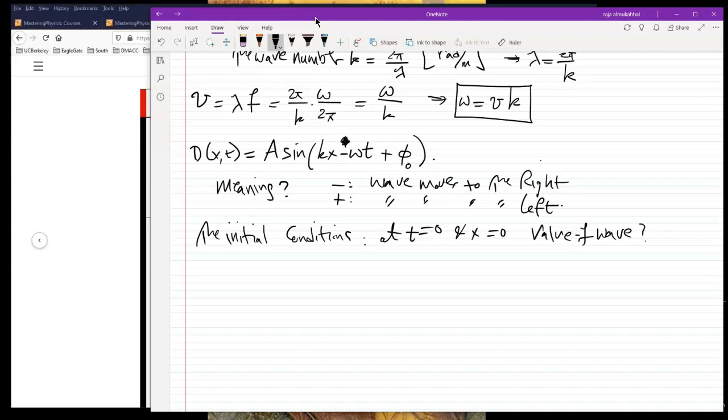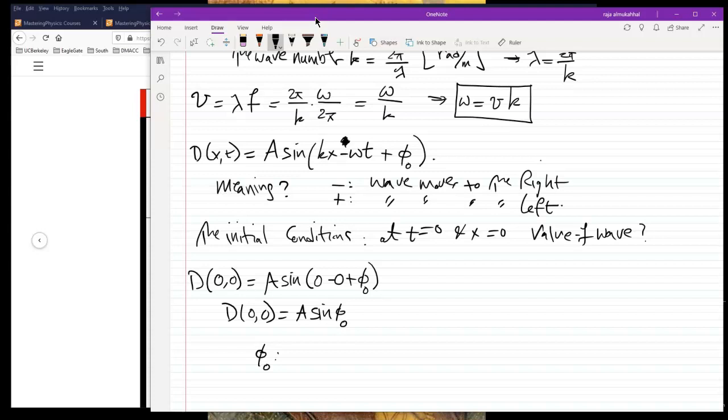So if I go d of 0, 0, that's going to give me a sine of 0 minus 0 plus phi naught, all right? And so this tells me that d of 0, 0 is equal to a sine phi naught. So what is phi naught in this case? It is a value that describes the initial condition of the wave.